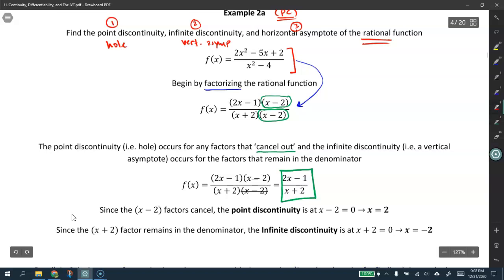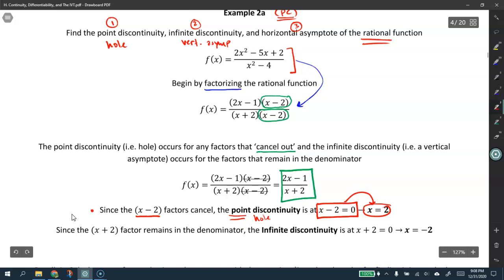The first conclusion is that because the x minus 2 factors canceled out, you can take x minus 2, set it equal to 0, and solve it, and conclude that there is a point discontinuity on the graph, meaning there is a hole in the graph at x is equal to 2.